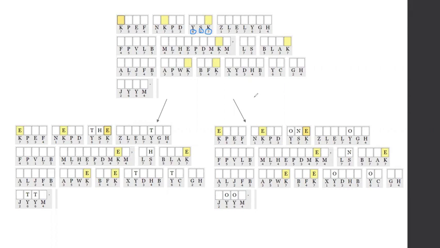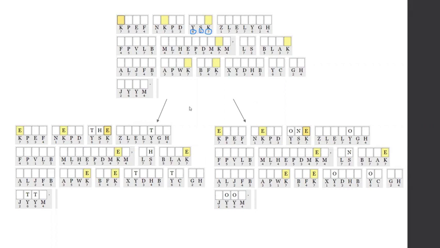So when you see a pattern like this, where you have a 3-letter word with the middle letter being a little less common, and the first and last letters being of similar frequency, then your first instinct is going to be "the", because T and E once again are the two most common letters in English.